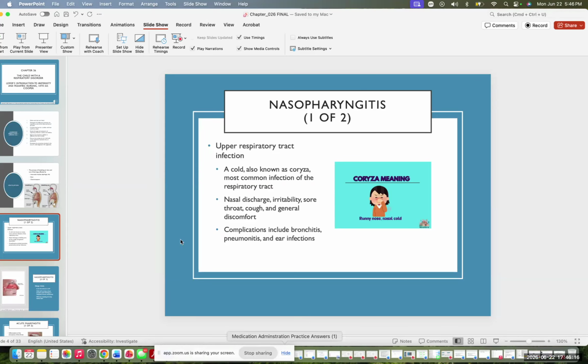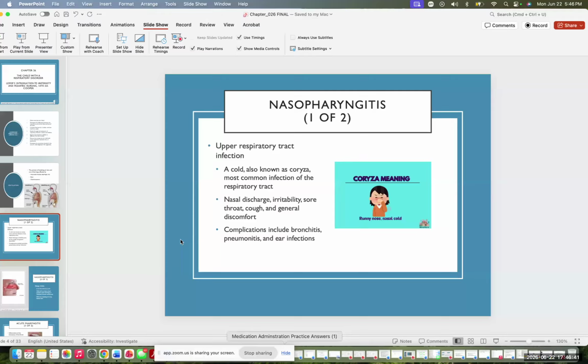This is your bread and butter of what you're going to treat, especially as an NP. It's just because of how we interact with each other, the nasal discharge and the coughing, especially when it comes to pediatrics, it's so easy to share this with each other, okay?